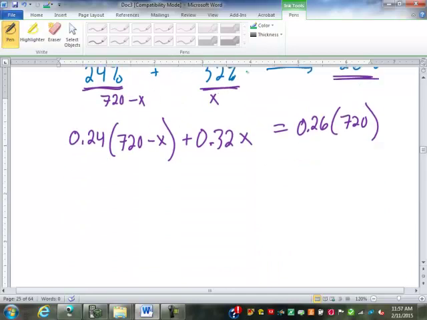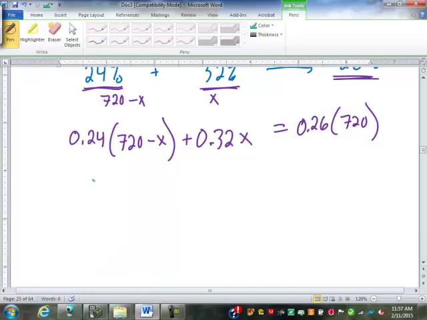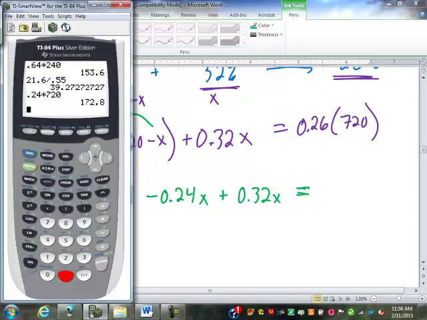So we're going to do the 0.24 times 720, 172.8. And also the 0.24 times negative x is negative 0.24x. Positive 0.32x equals 0.26 times 720, 187.2.